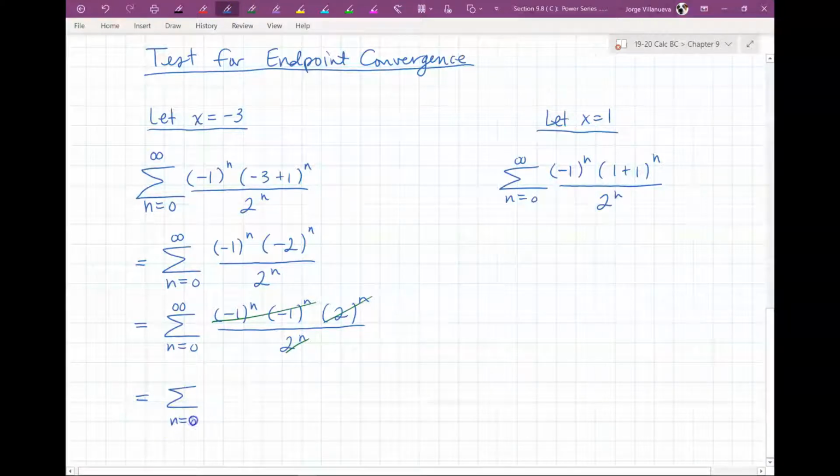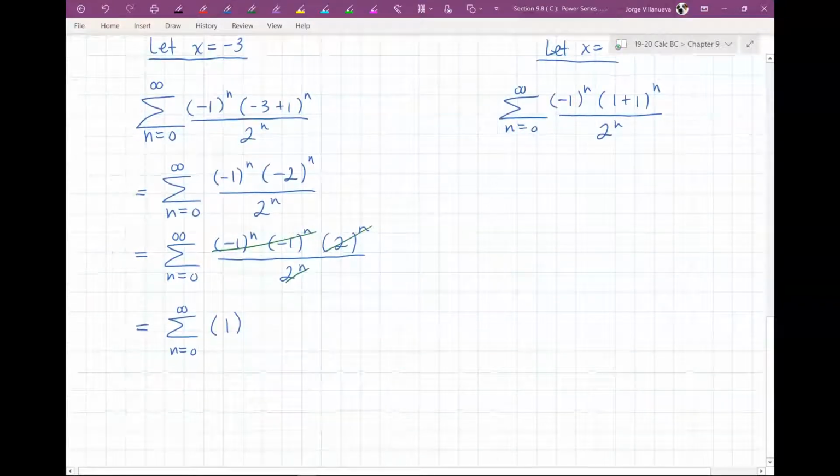So here is my series. Does that converge or diverge? Diverges, because if I try the nth term test for divergence, what's the limit of 1? It's 1. And what is it not supposed to be for the test for divergence? As long as it's not 0, right?